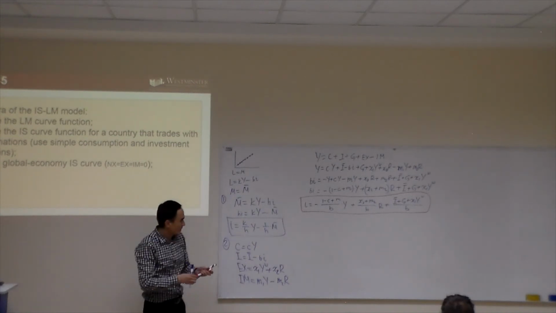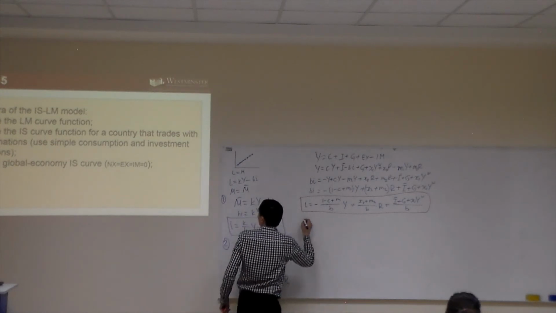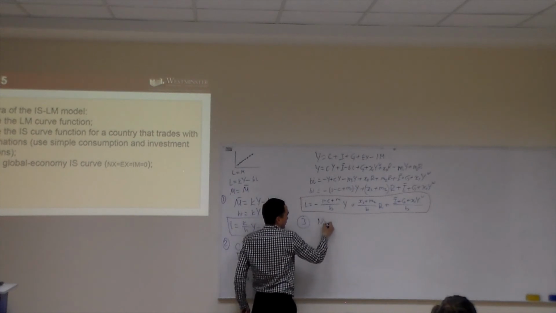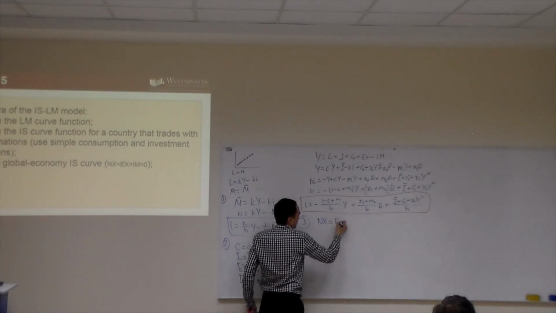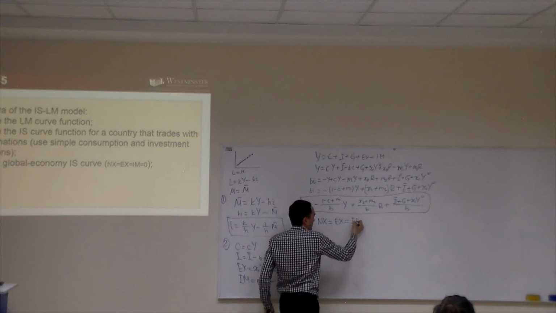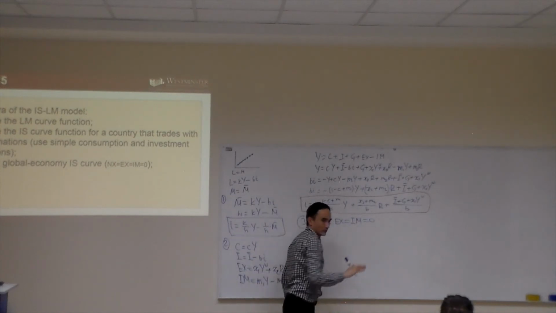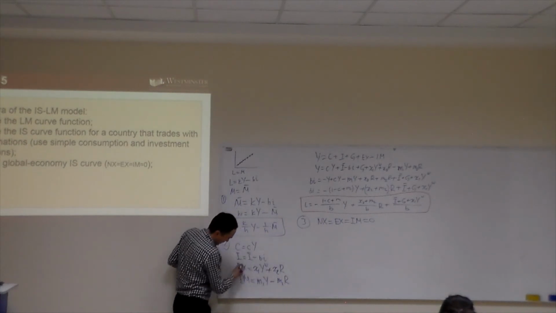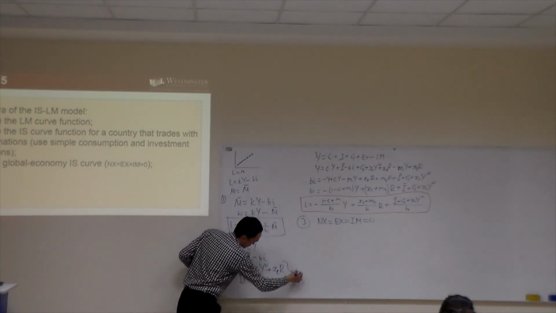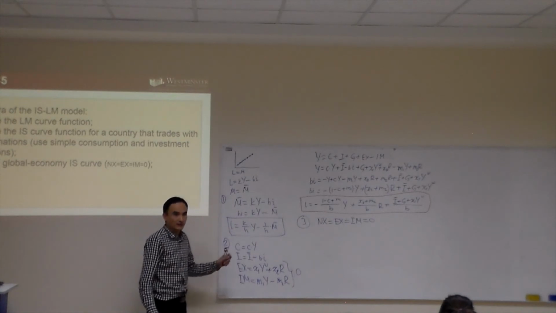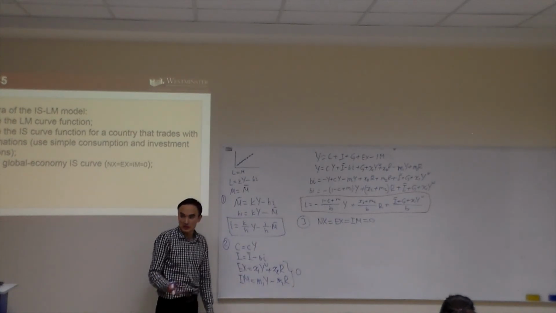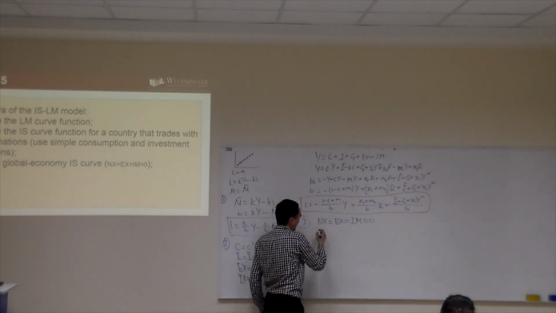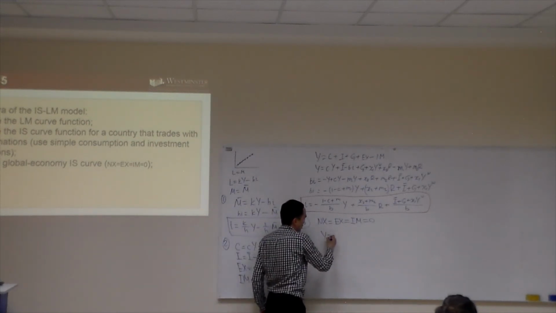In the global economy, net export, export and import are all equal to 0. Deriving an IS curve for the global economy is much simpler, because it's 0.